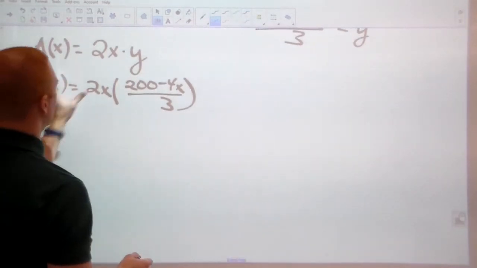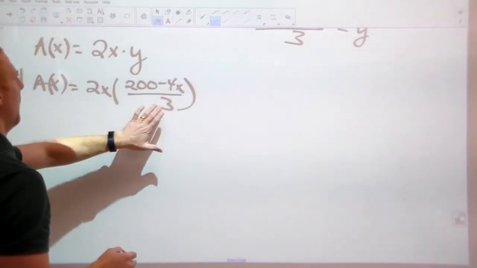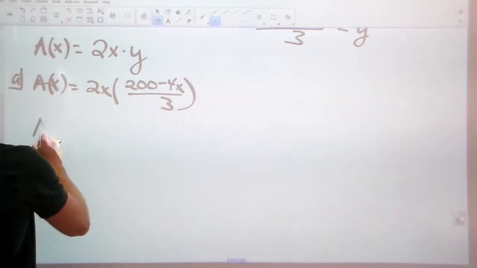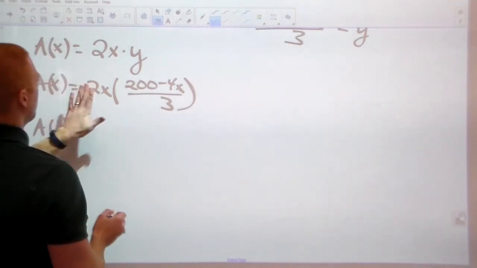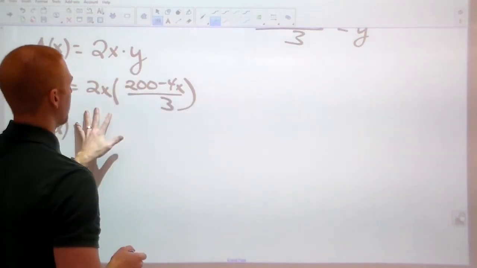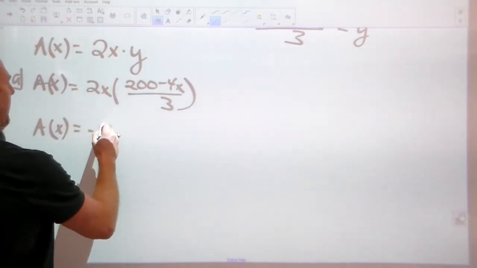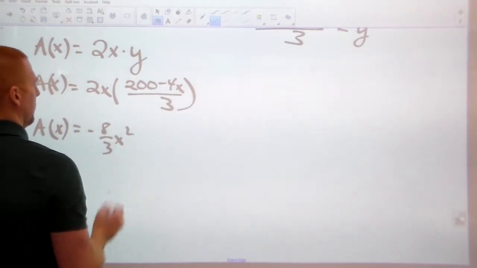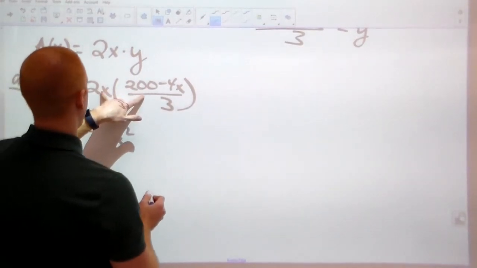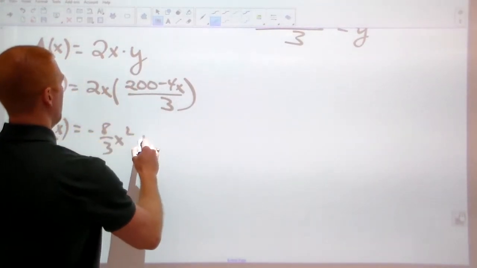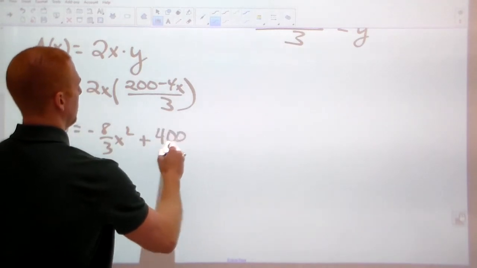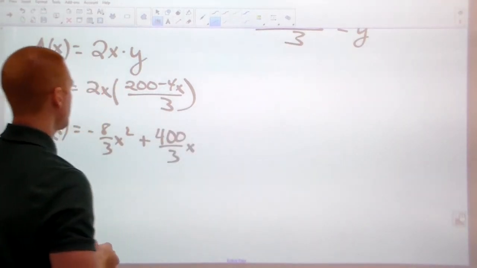I'm going to distribute some things out. Hopefully it doesn't get too messy looking and hard to follow. But I want the x squared out front. So 2x times -4 thirds x would be -8 thirds x squared. And then this would be 200 over 3, so plus 400 thirds x.